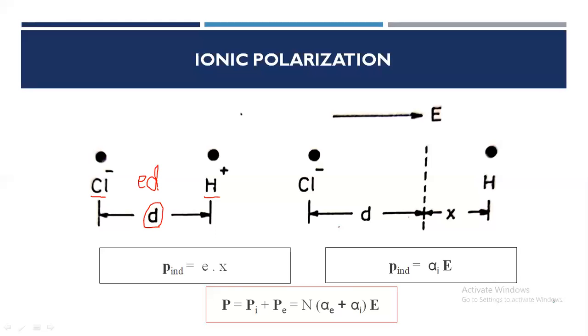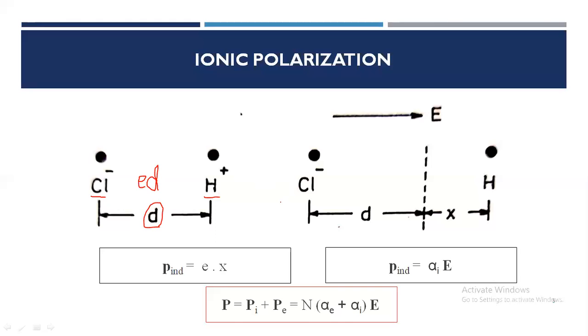This is for per unit volume, E into d. The field produces force on the two charges, positive and negative, as well as a torque on the dipole.